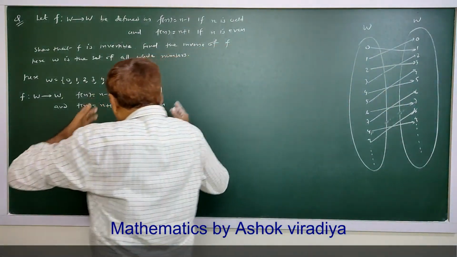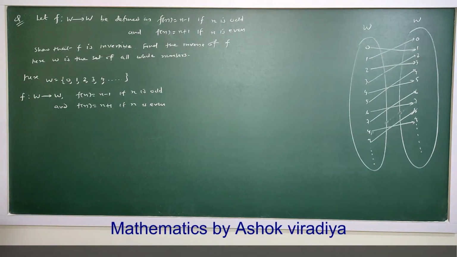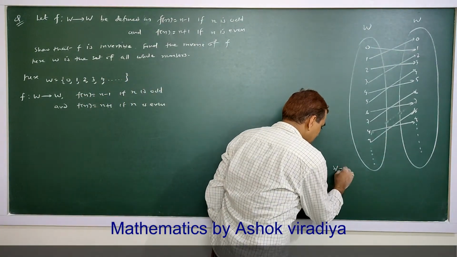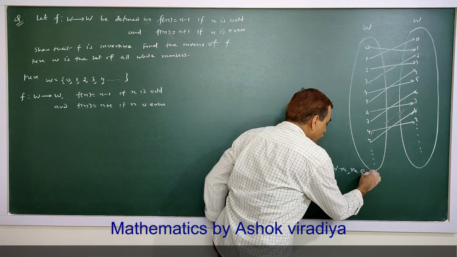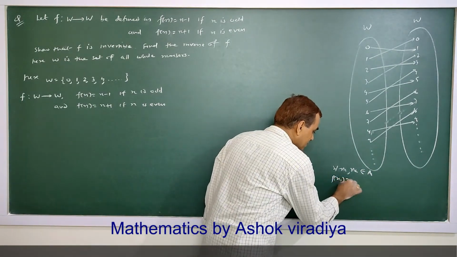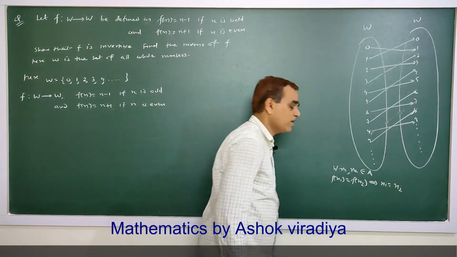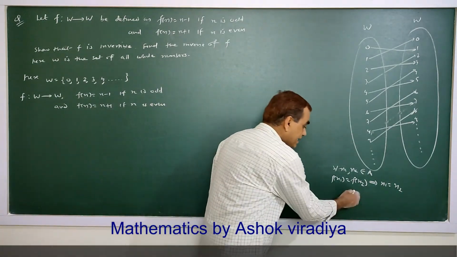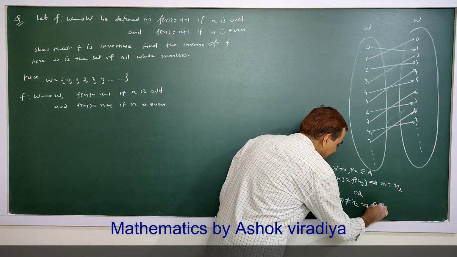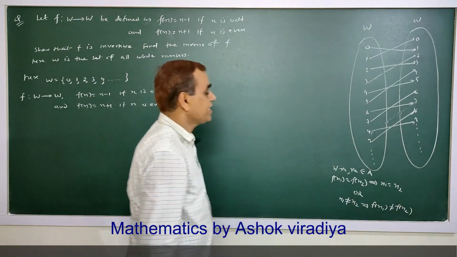Now how to show in words, how to put steps to prove it is 1-1? We are going to use the definition that for every n1, n2 belonging to the domain, if f of n1 equal to f of n2 implies n1 equal to n2, then the function is 1-1. Or the same definition in different words: n1 not equal to n2 implies f of n1 not equal to f of n2, then also it is said to be 1-1.